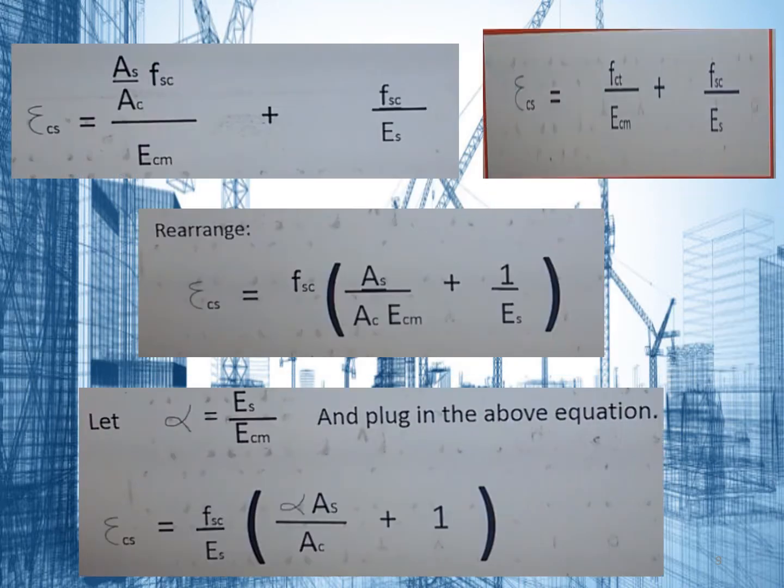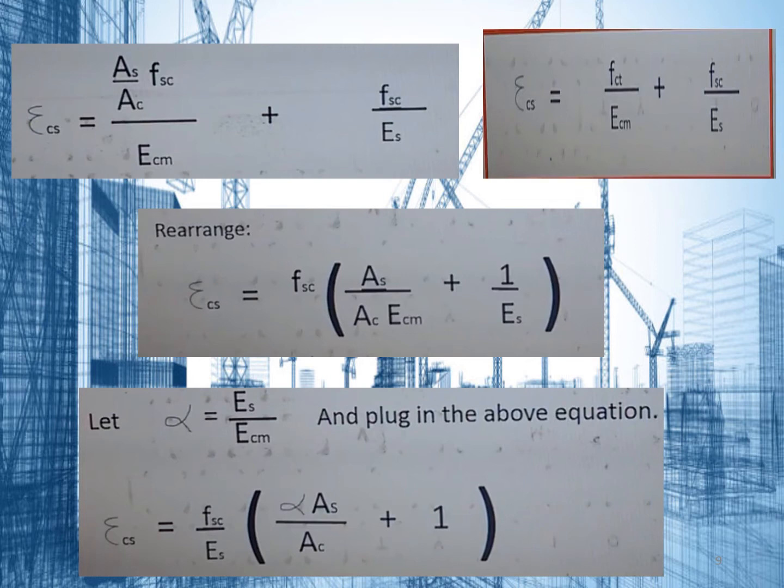Right, then by substituting the equation we derived from previous side, FCT equal to AS divided by AC times FSC. So now we have a new equation, epsilon CS equal to AS divided by AC times FSC divided by ECM, plus stress divided by ES, the modulus of elasticity. Now we can rearrange the equation.